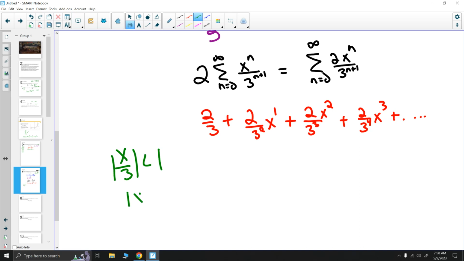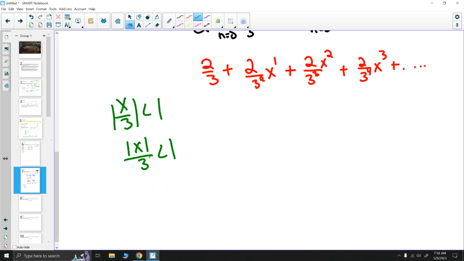That means the absolute value of x, because that's the only one that varies, over 3 is less than 1, because 3 is clearly just 3. If we multiply by 3, we get absolute value of x is less than 3. And so now we can drop this absolute value. x is less than 3 and greater than negative 3. So our interval of convergence is between negative 3 and 3. So this is only true in this interval.